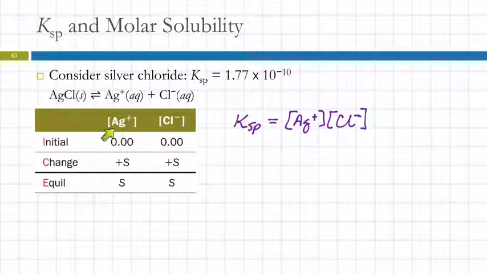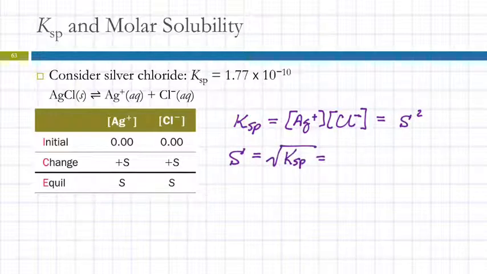So this is going to change by plus S, that's going to change by plus S. And at equilibrium, the concentrations of each of these should be S. So we can say that KSP then is equal to S squared, right? So the molar solubility is equal to the square root of KSP, the square root of 1.77 times 10 to the minus 10.